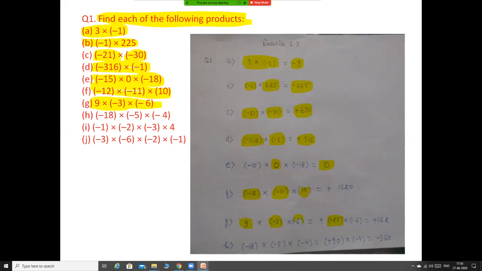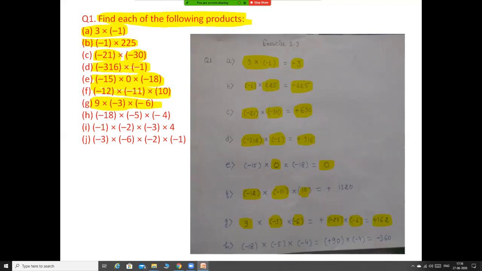Then this minus 6 is multiplied here. Minus 27 into minus 6, 2 times minus sign multiplied, so answer is plus. 27 into 6 is 162.